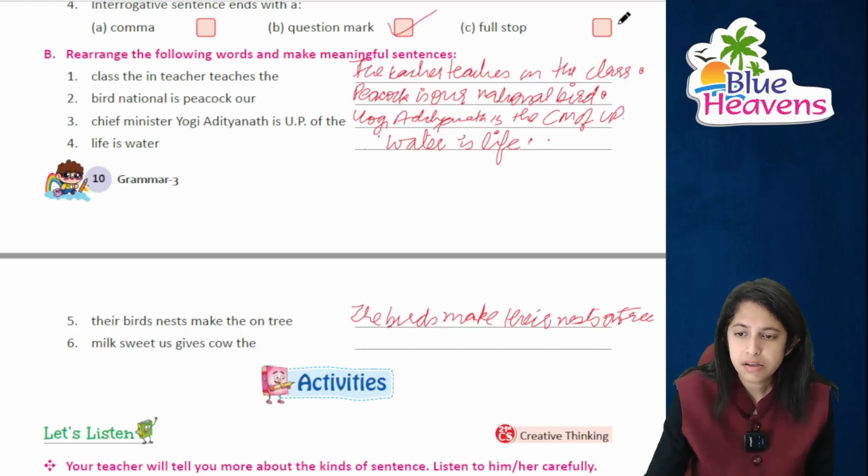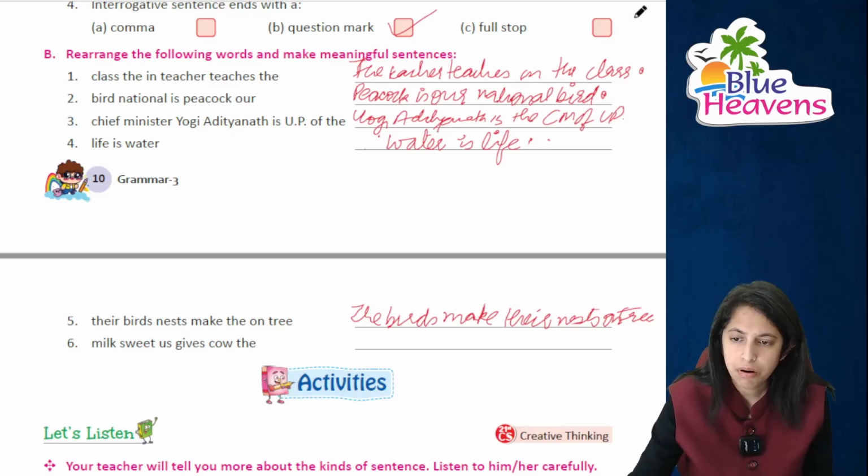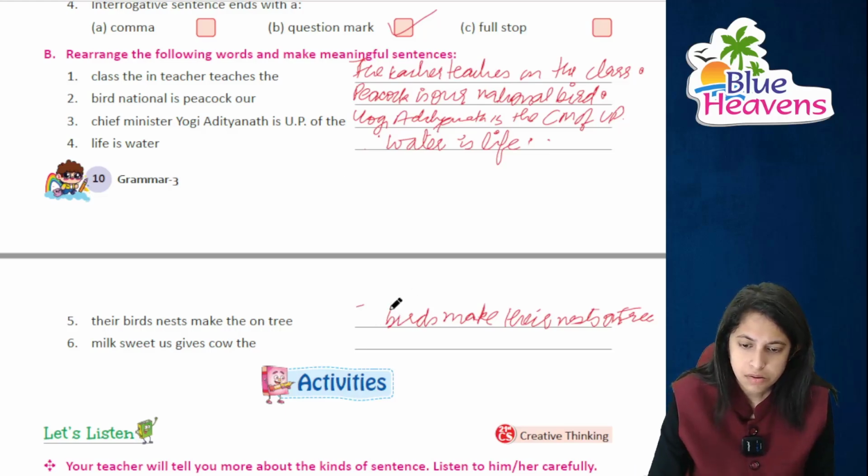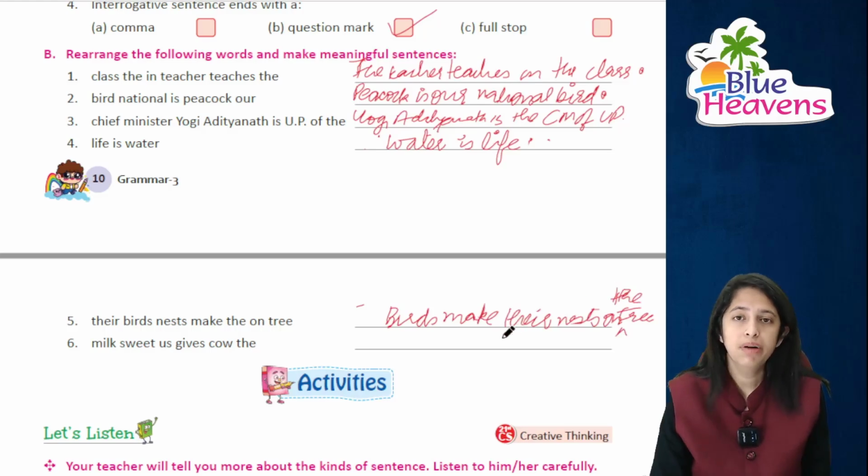Just correct this. This is actually birds. यहाँ से द हटाइए, right? This is birds make their nest on the tree, right? Because we cannot mention the before birds because we are not basically mentioning the specific bird, right? Milk sweet us cow. The cow gives us milk. The cow.